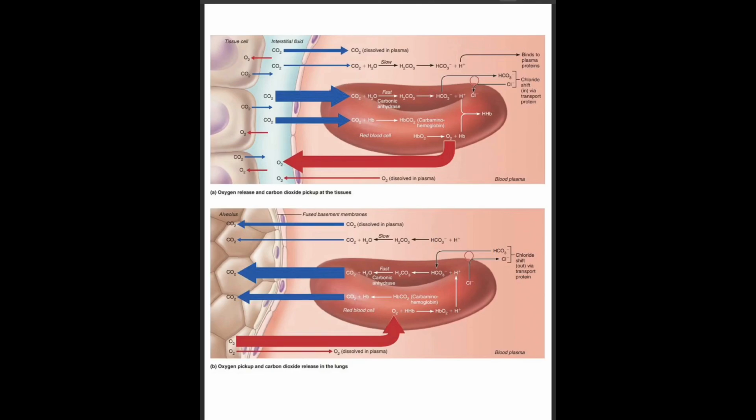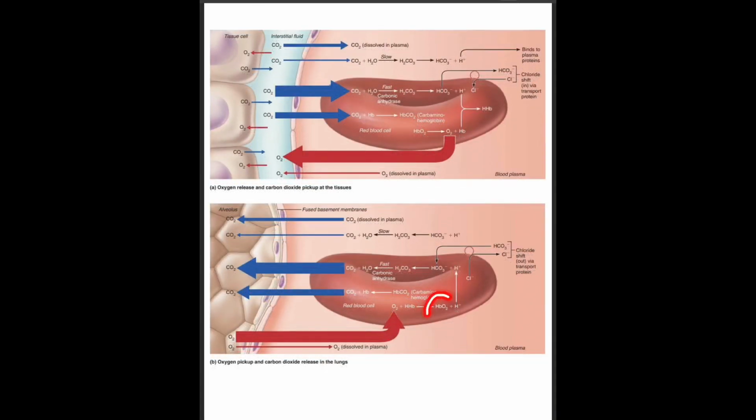When oxygen comes in contact with the reduced hemoglobin, it will form oxyhemoglobin, that is hemoglobin with oxygen, and protons.